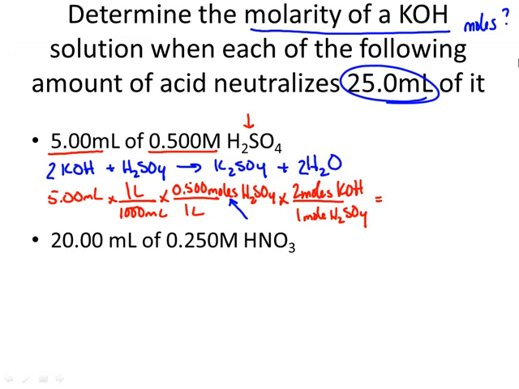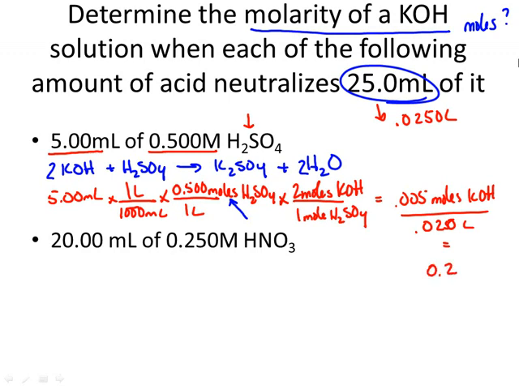I get 0.005 moles KOH, but I want molarity. So I need to divide by 25 milliliters in liters, which is 0.0250 liters, just divided by 1,000. And that gives me 0.2. Check my sig figs. I have 3 sig figs, so I need 3 sig figs, 0.200 molar.